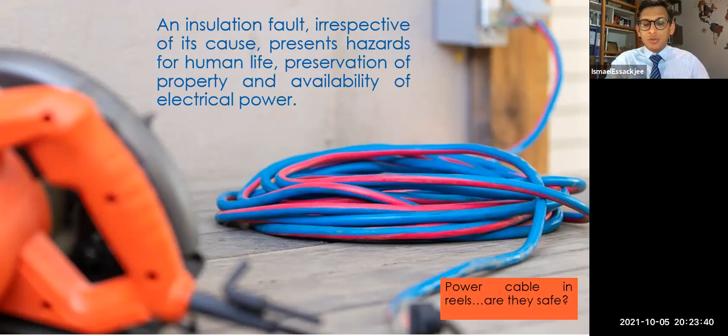Increased current causes heat, because you have different effects when current passes through a cable. You can have the heating effect, which can be used for light and so on, but this is going to heat the cable and ultimately damage it, as compared to when it is straight. So every time you are using cables in reels, extension cords and so on, see to it that an extension cord is used for temporary use only, and don't have it in reels like that. It's not safe at all.